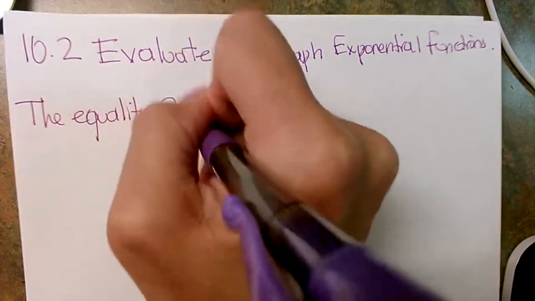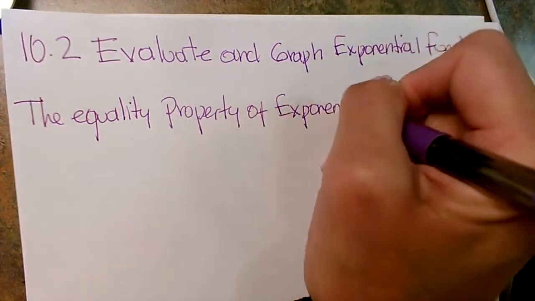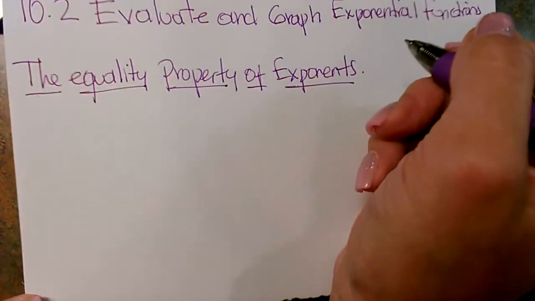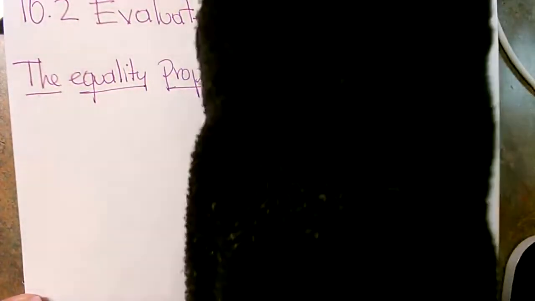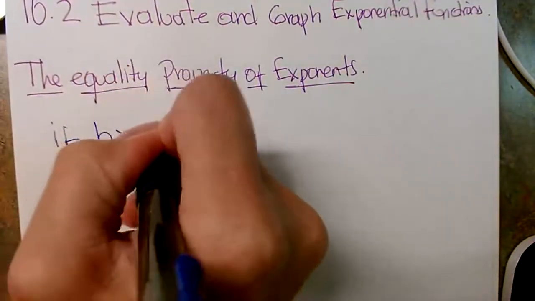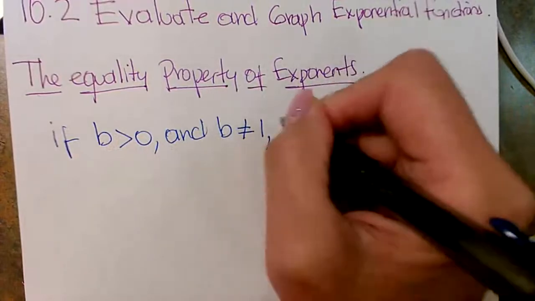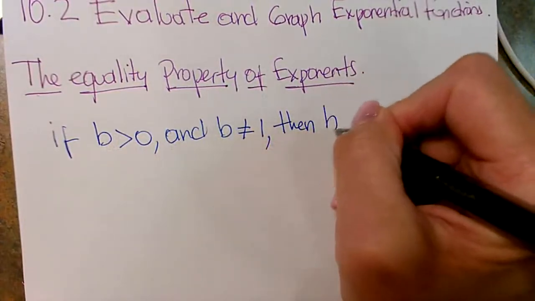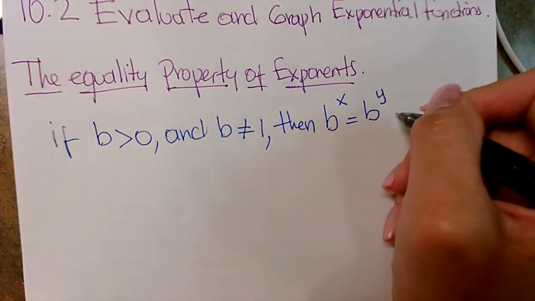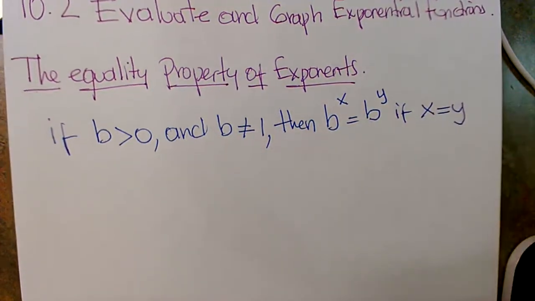So the equality property says that if b is greater than 0 and b is not equal to 1, then b to the x power is equal to b to the y power if and only if x is equal to y.